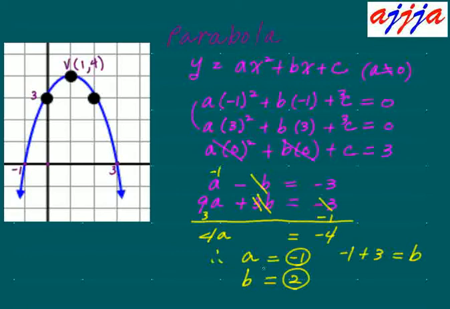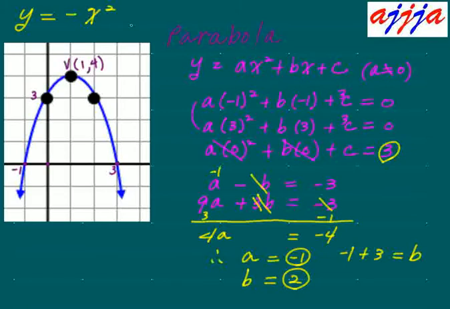Fantastic. Alright. So now you have A, B, and C. You remember C was 3 right there. So now all we have to do is plug them in. So this equation is y equals A, which is negative 1, so negative x squared.